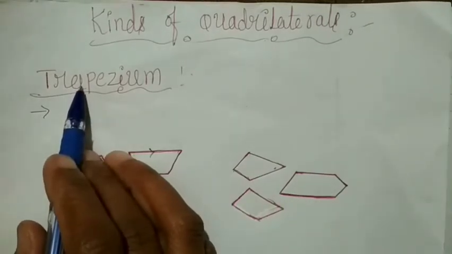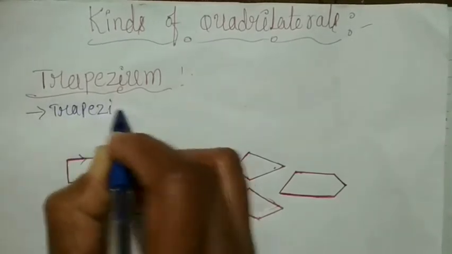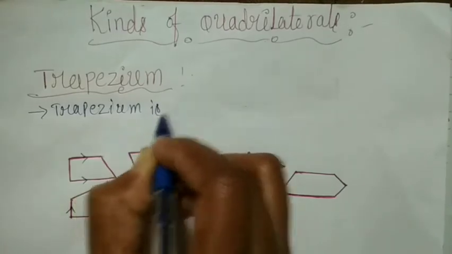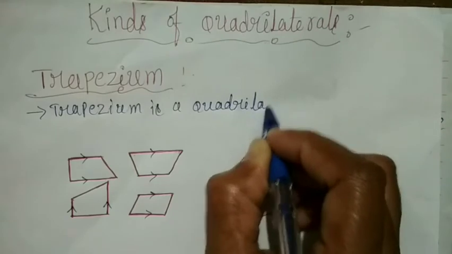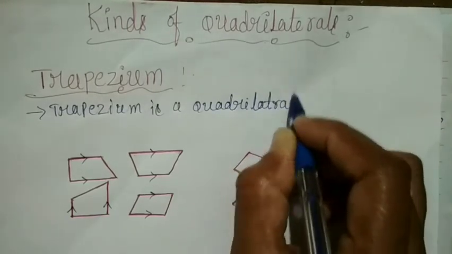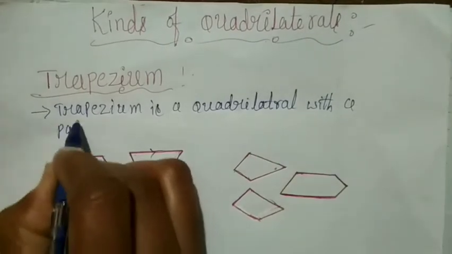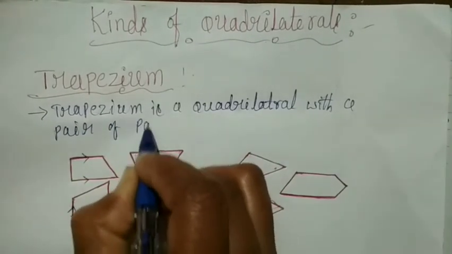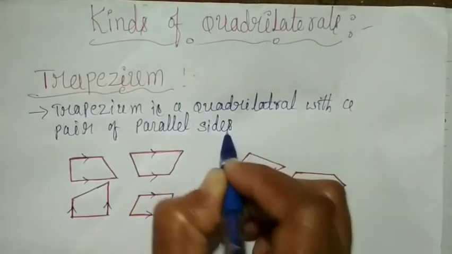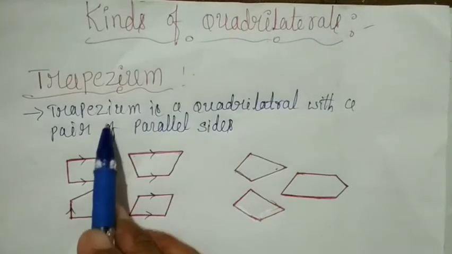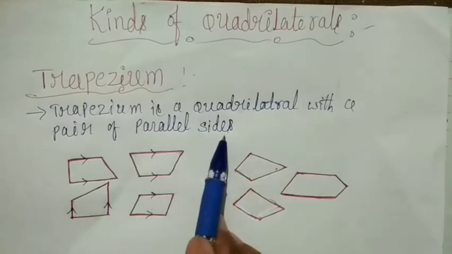Trapezium is a quadrilateral with a pair of parallel sides.